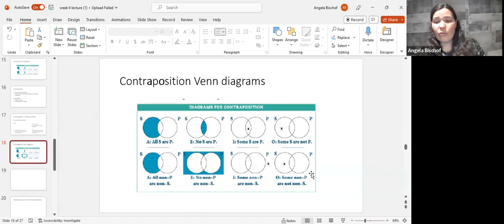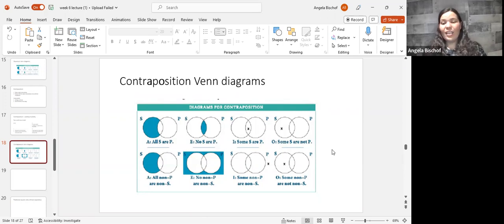I'm going to go to O first because that's easier. Some S are not P, drawn as usual. So some non-P are not non-S. That's a hard one. So remember, change subject and predicate. So we have some S are not P, turns into some P are not S. Slap on that class complement. Some non-P are not non-S.